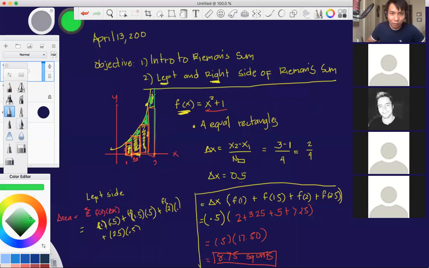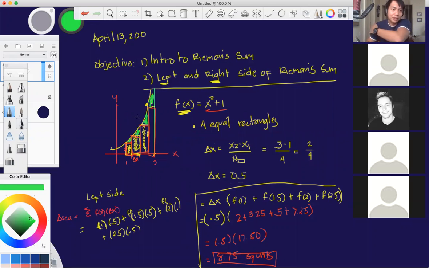So our next question is, what would happen if we're going to use the right side of our rectangles? You would be given a higher number. Yeah, therefore we would be given a higher number.